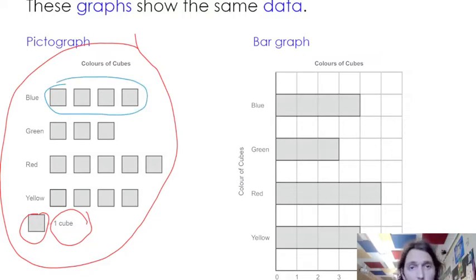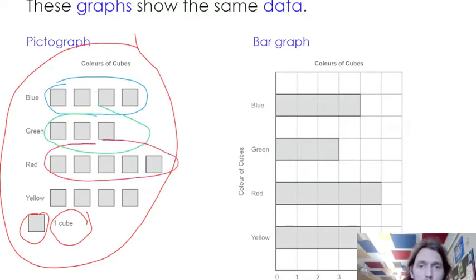So we have 4 blue cubes. Same thing with green. We have 3 green ones. Red, we have how many? 5 red ones. And yellow, we have 4 yellow ones, right? So if you take a look at all that, those are a pictograph.